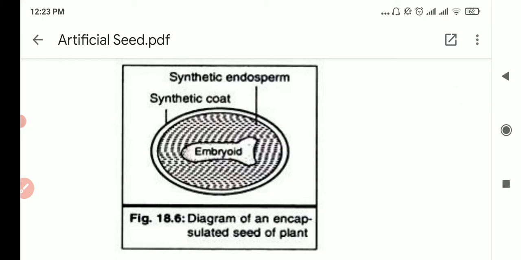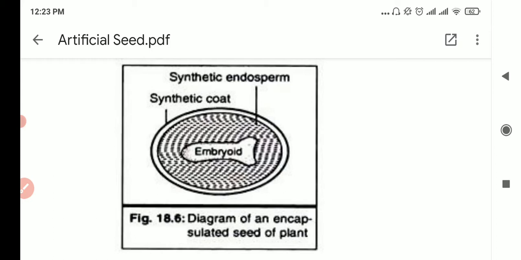So looking at the diagram of this artificial seed, you see that embryoid. Maybe that is a part of the root. They cut a part of the root, it looks like that, no? And then there is one synthetic endosperm, artificial endosperm, that we have mixed with certain chemicals. In that endosperm, it's just a lab condition only.